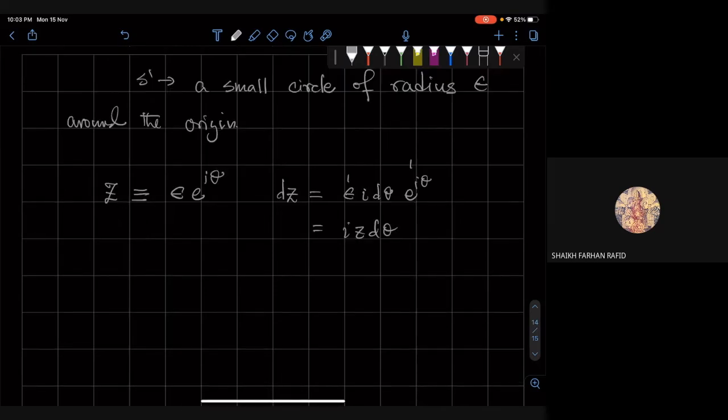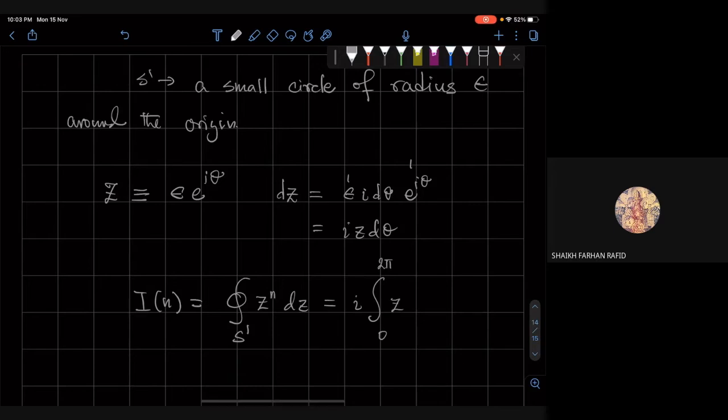So now I can evaluate I of n, which is just going to be, so what was this? This is the integral over S1 of z to the power n dz, but this is nothing but an integral from 0 to 2 pi, and dz has an I in it.